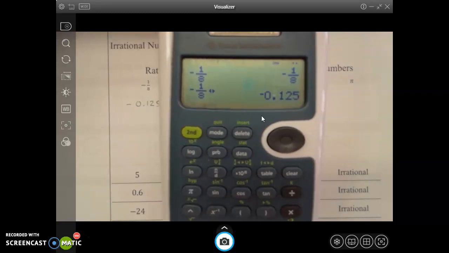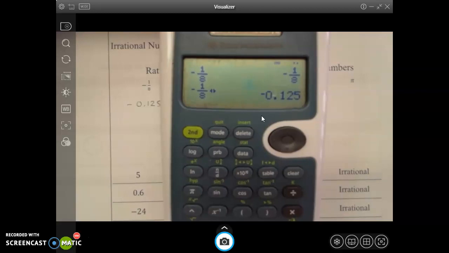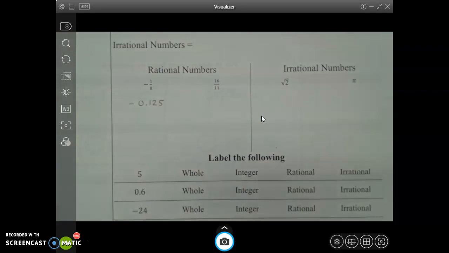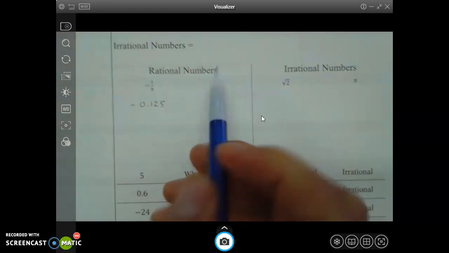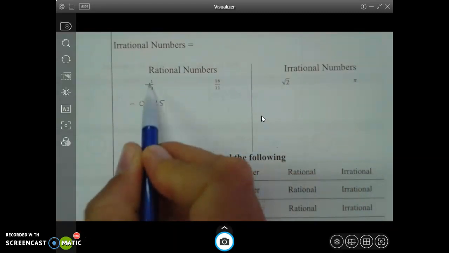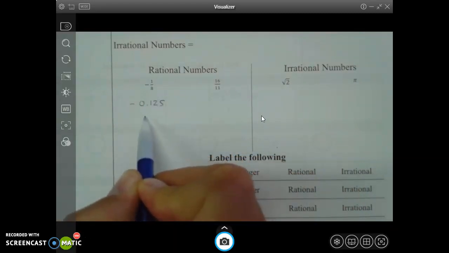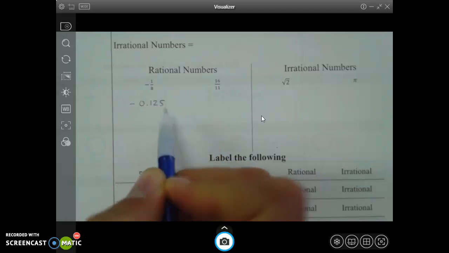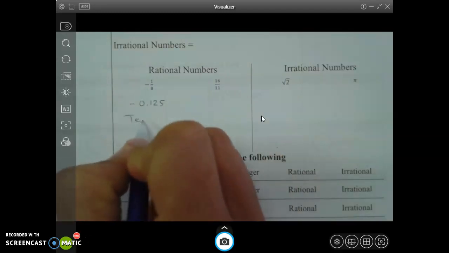So that is definitely a key that we're going to want to know and use all year. Alright, back to rational numbers. So negative 1/8 converts to negative 0.125, and it terminates.